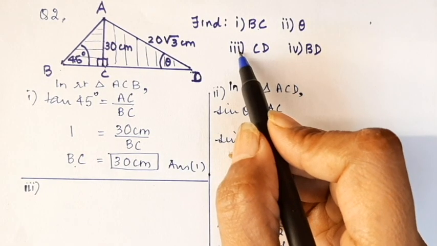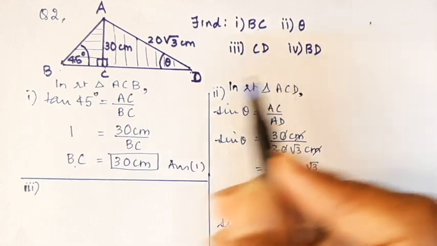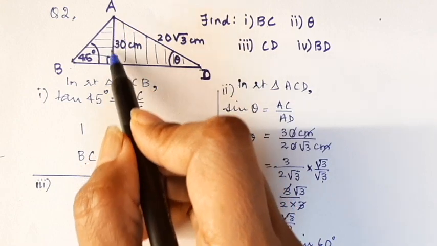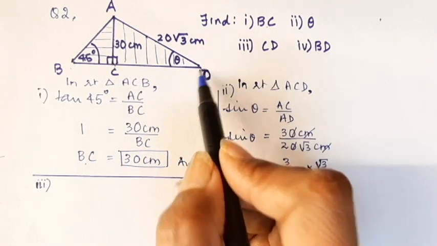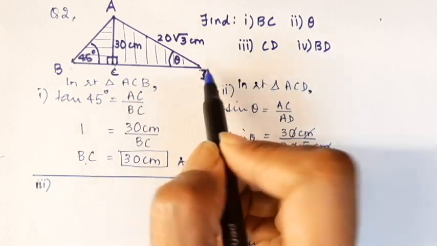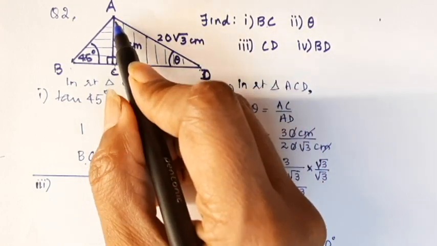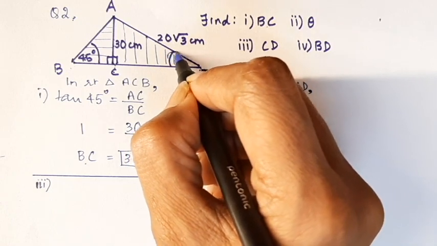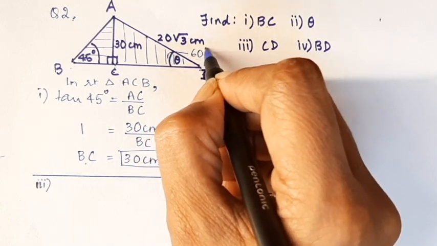Now we come to the third subpart. We have to find CD. What is CD? It is part of triangle ACD, which is the right triangle. So you got to connect CD with what we know. Now we know AC, we know AD, and we know this angle, which is 60 degrees.